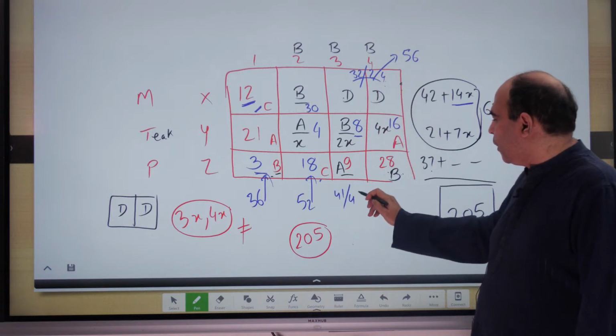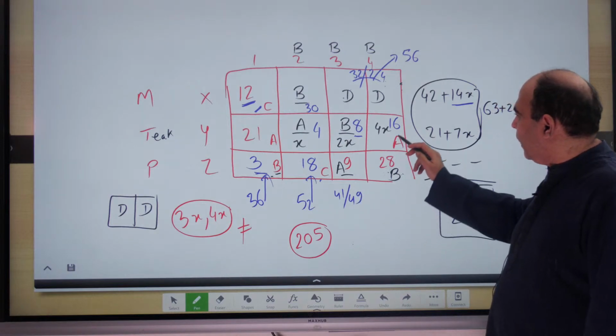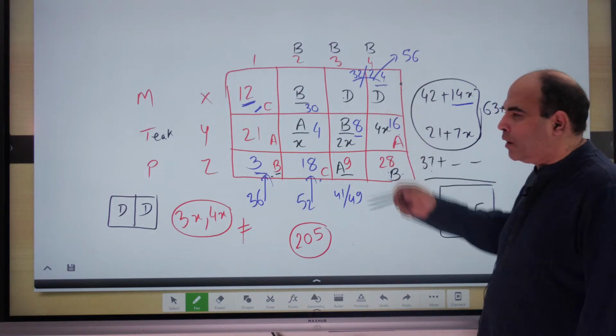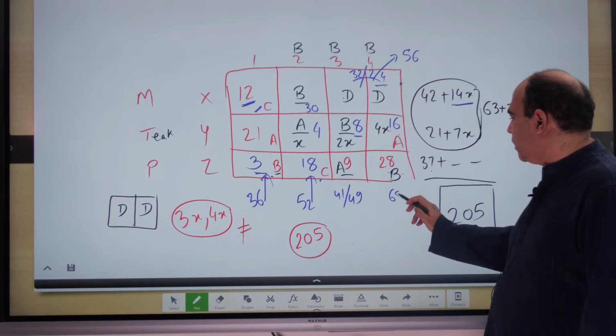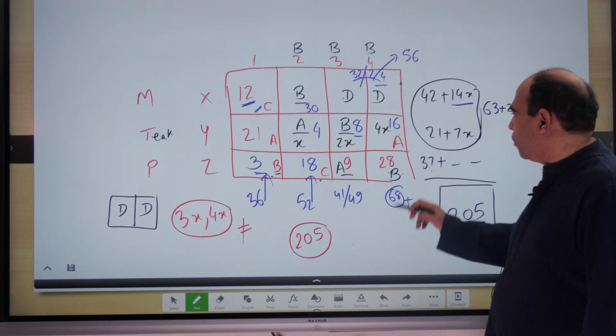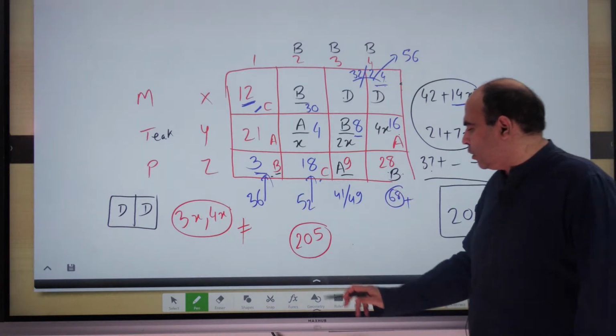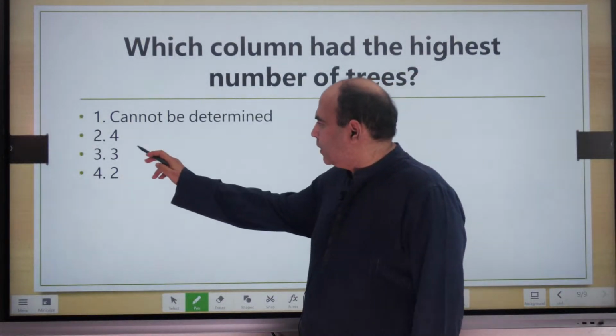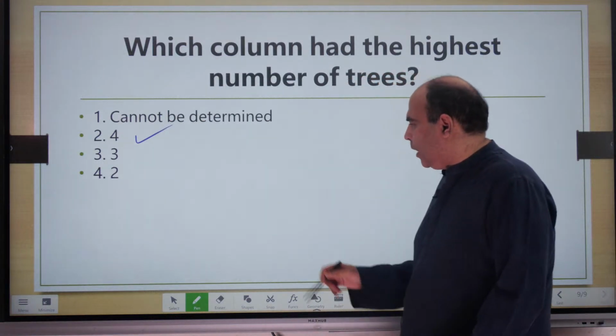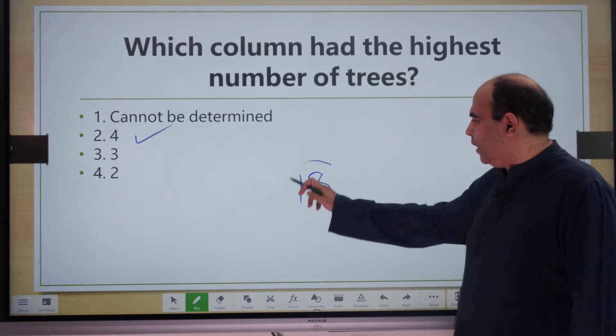It's either 41 or 49. But this column is 28, 44. And even if you take 24 here, it still gets to 68. So 68 or more, 68 or 76 will be the answer for column 4, and hence column 4 is the right answer. So this is 18 marks in CAT 2020.